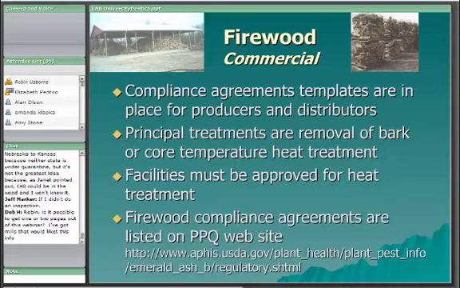And when we allow distribution, it means that the wood is either treated or the wood comes from an area that it is not infested. It is safeguarded and appropriately labeled to be identifiable as not infested with EAB, and then they can distribute it out of their facility. So our compliance agreements are listed on the Plant Protection and Quarantine website that I've listed there below, and that website will come up again elsewhere in this presentation.